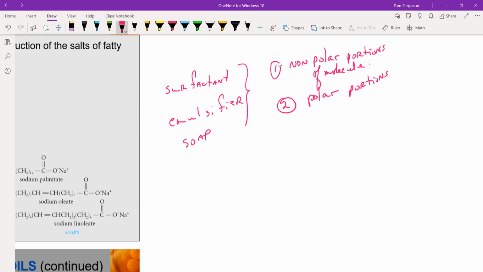So you got to have both of them present to be a surfactant and an emulsifier. And then what that does, it acts like a glue to glue the polar molecules together and the non-polar molecules together. And it's in between them.